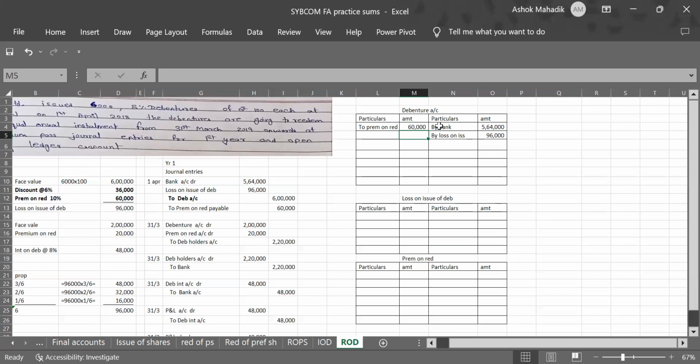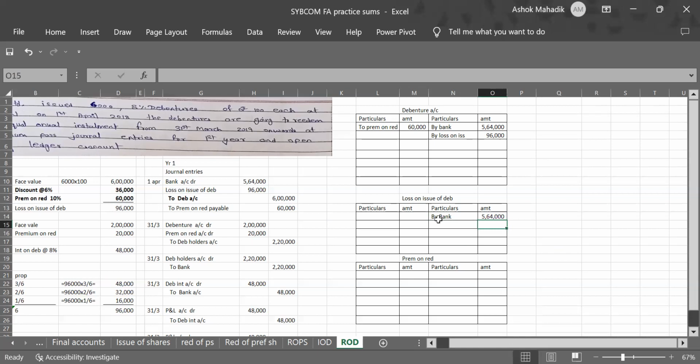Now we'll go to the loss on issue of debentures account. Here, don't post loss on issue of debenture, post the other items. So it will be by bank, write the full amount, sorry, 564.